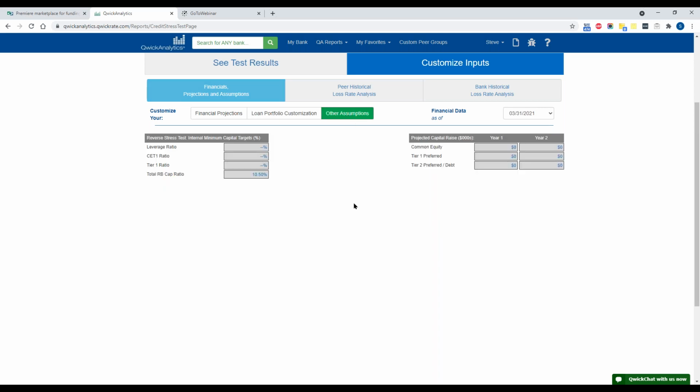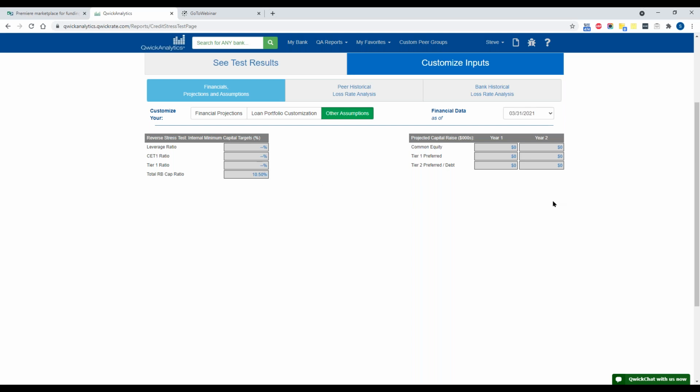We'll come back to this in a few minutes, but these are some enhancements to the newer version of our stress test, where we allow you some customization in the reverse stress test, so you can plug in an internal target minimum for your capital ratios, and then we can calculate what losses it might take in your portfolio for your capital to drop to these more internal thresholds.